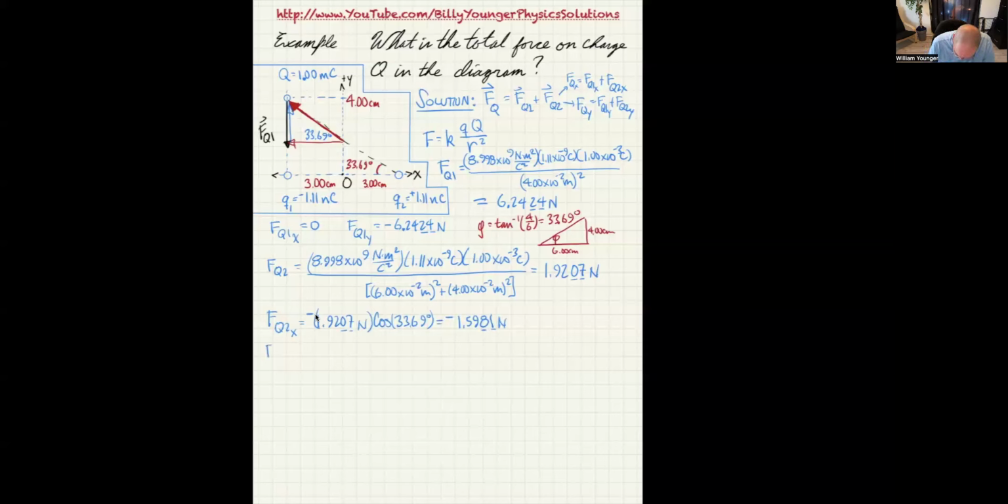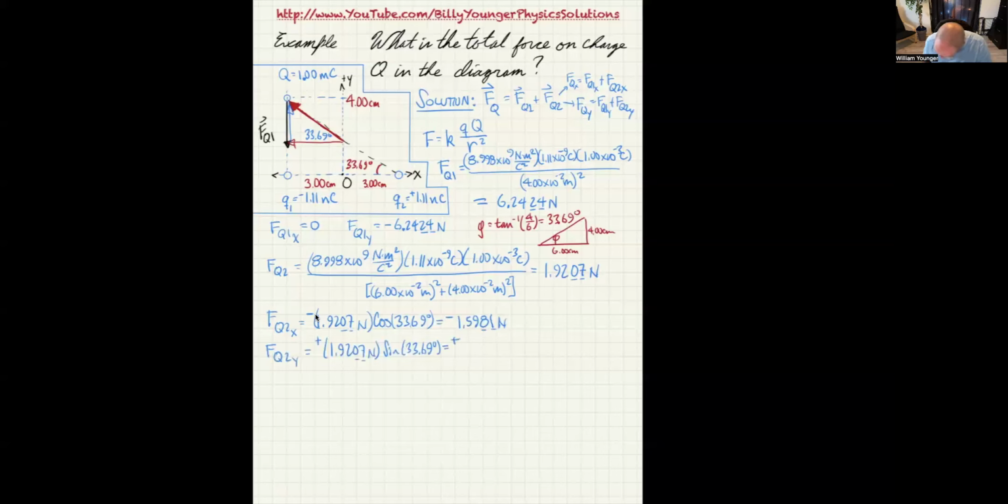And now I can calculate the y component, FQ2y. That's going to be positive, so I'm going to force that sign right here, 1.9207. Now we see that the y component is the blue one, and that is opposite the 33.69 degrees. So sine equals opposite over hypotenuse. So we're going to use the sine of 33.69 degrees.